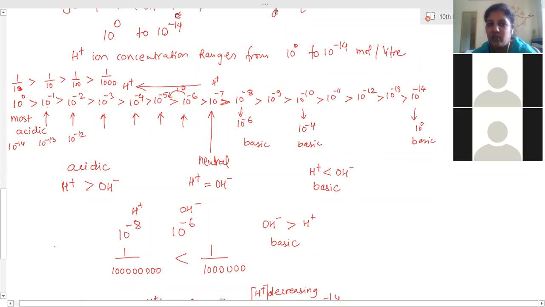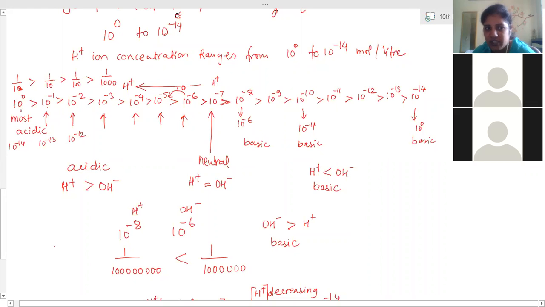So when you move to the left hand side, the acidic strength goes on increasing because H plus ion concentration goes on increasing by 10 times. So the leftmost position is the most acidic solution because it has the maximum H plus ion concentration.